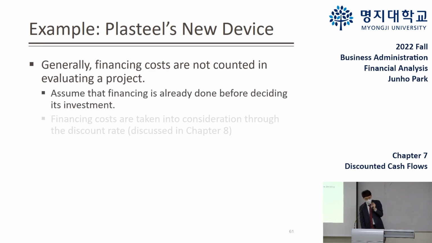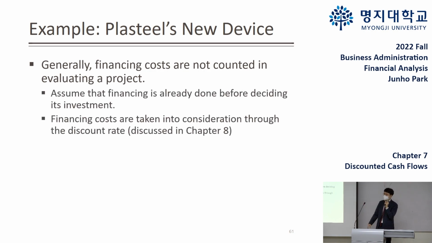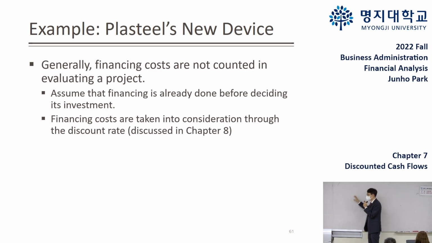And another issue is that actually we are taking care of the financing costs already. When you calculate the present value from the cash flows, we discount those cash flows with respect to the discounting rate, and the discounting rate is based on the interest rate you have. Therefore, you are already saying that because I am borrowing at this interest rate, we have to discount the future cash flows.